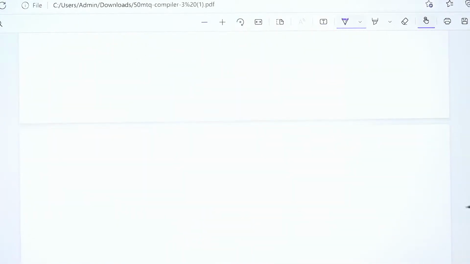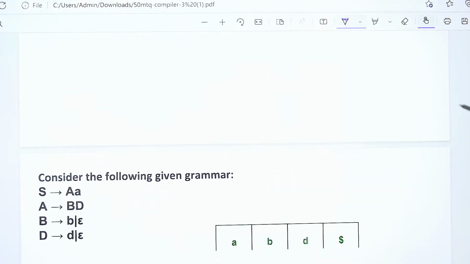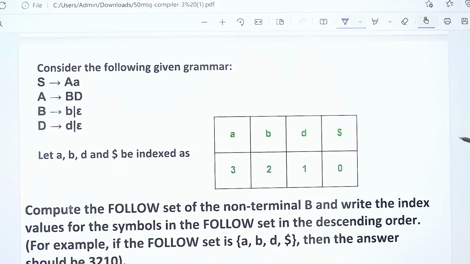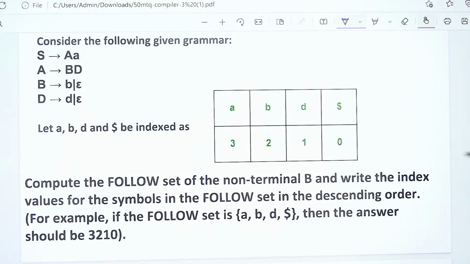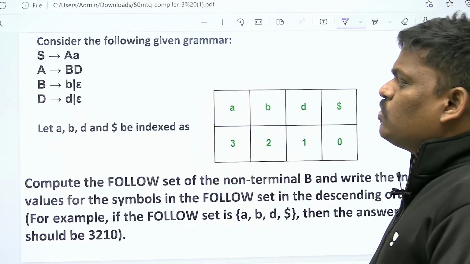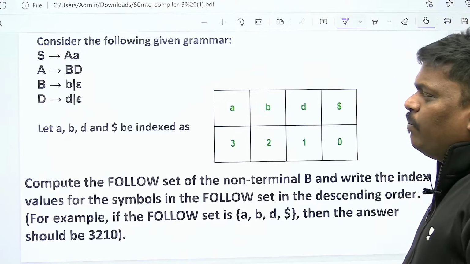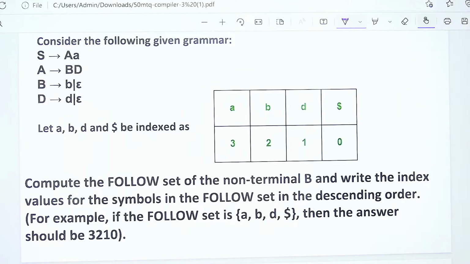This is the next problem. Can you try this? What is the answer? See carefully. Consider the following grammar. S goes to A, A goes to BD, B goes to BR epsilon, D goes to DR epsilon.